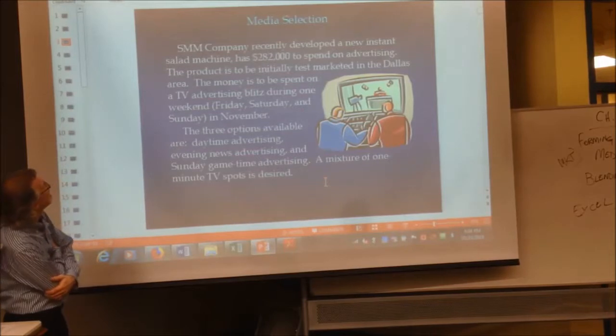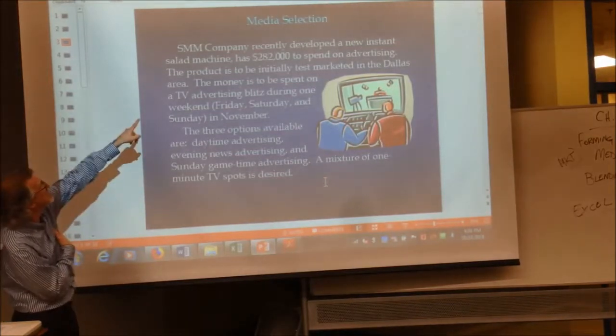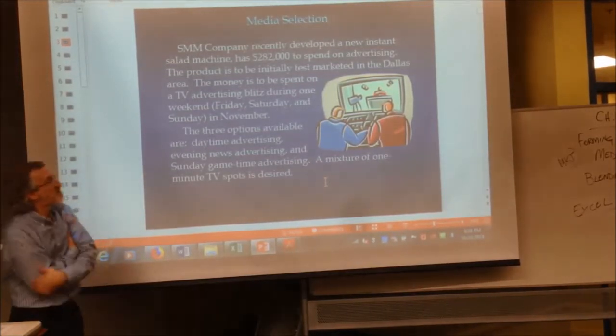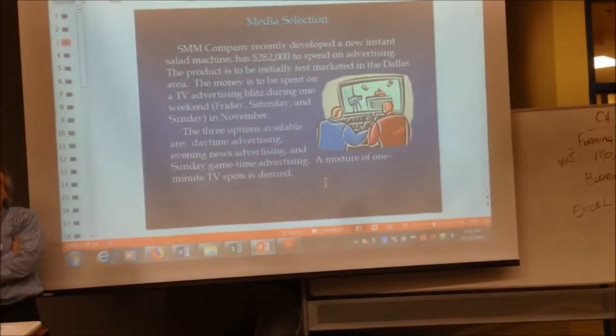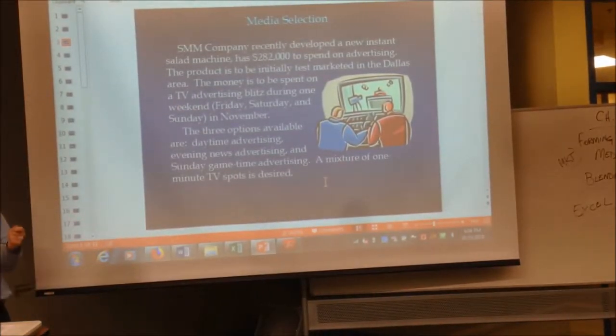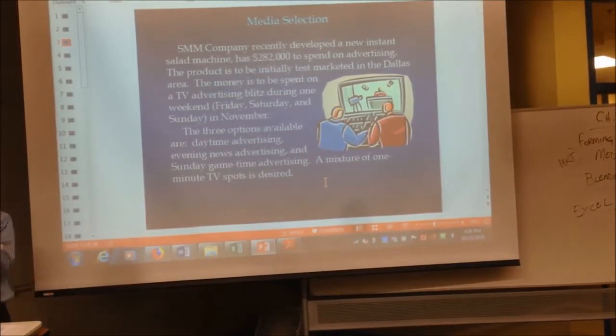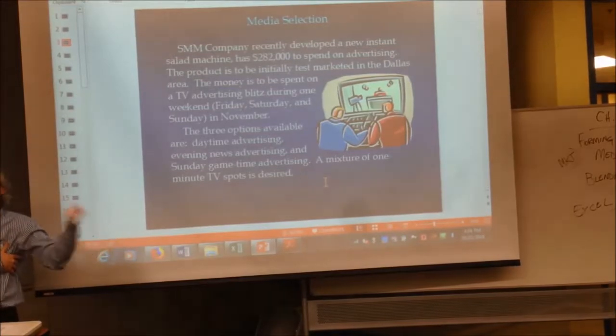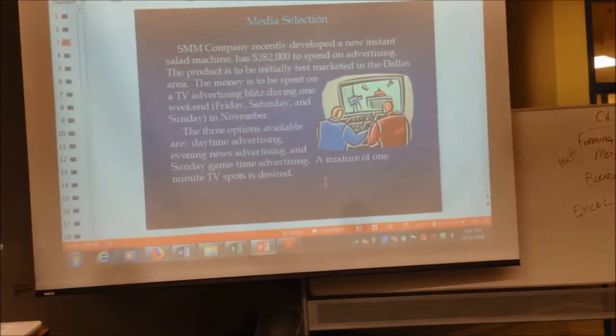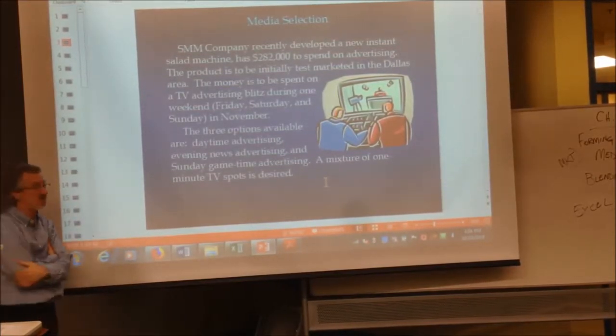We developed this new instant salad machine, and we budgeted $282,000 for the marketing department, for the project leader to use to do a test market. We want to see what kind of return on investment dollars on marketing we'll receive, if this thing will be picked up or not, if people will be interested in it.